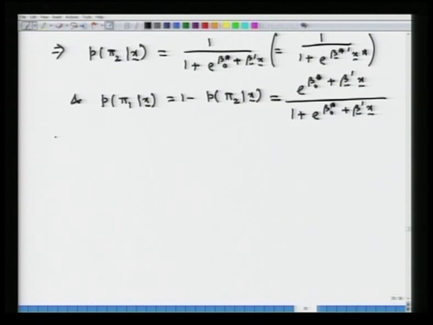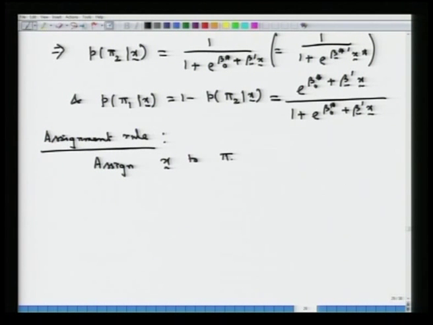So, the assignment rule or the discrimination rule is the following: assign x to pi 1 if the posterior probability of the pi 1 population is higher than that of the second population.